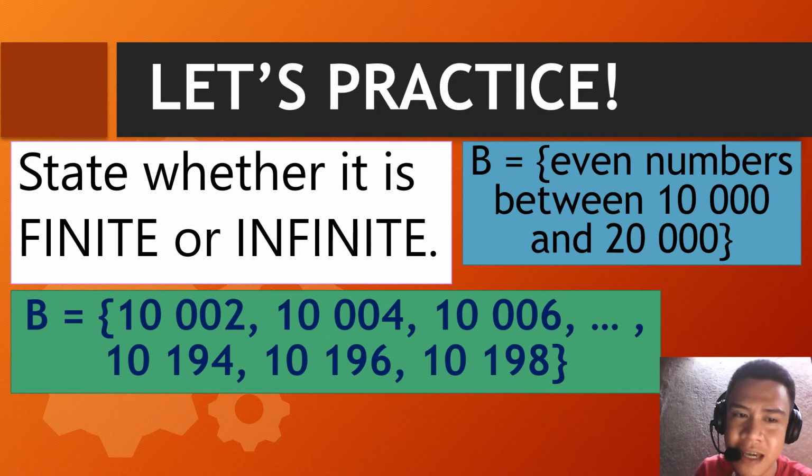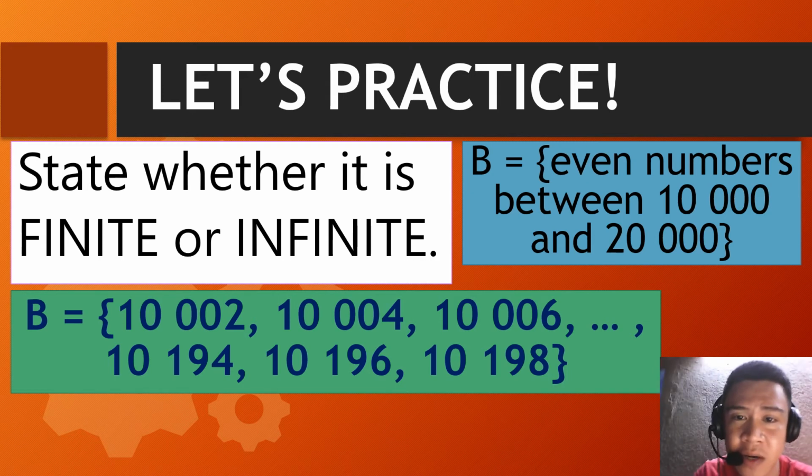Set B has elements 10,002, 10,004, 10,006, 10,008, 10,010, hanggang 10,194, 10,196, until 10,198.